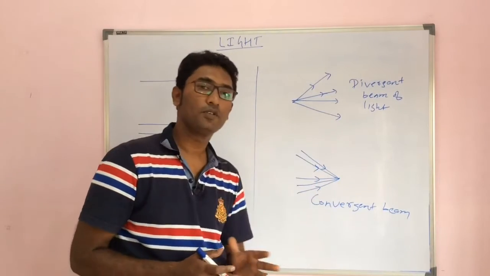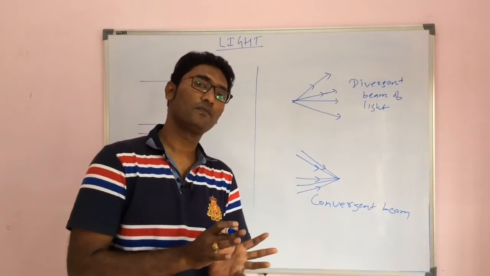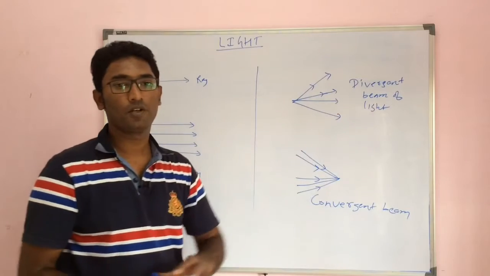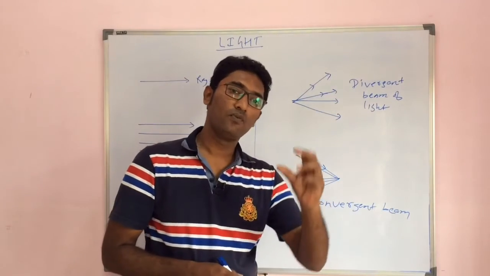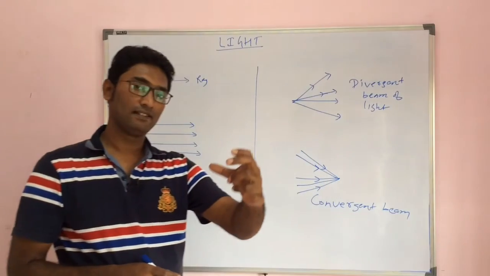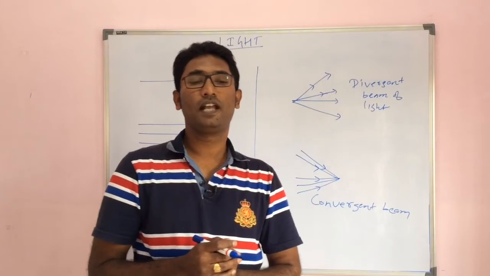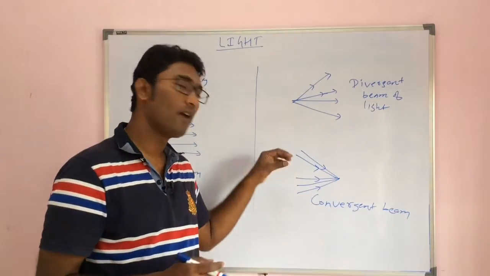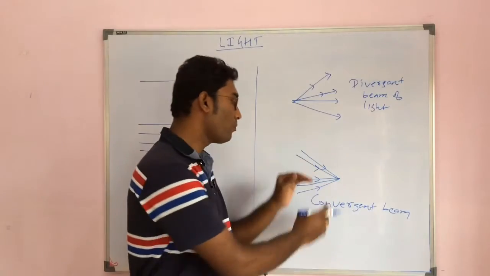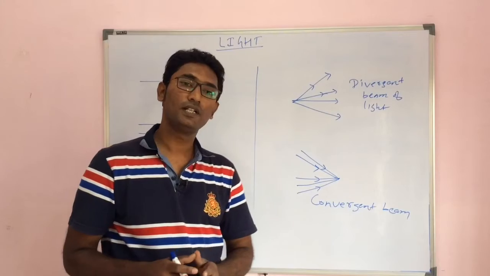An example of a divergent beam is the light coming out of a torch. Sometimes you must have burned paper with the help of sunlight. That is nothing but converging all the light rays at one point, making them travel in the form of a convergent beam.